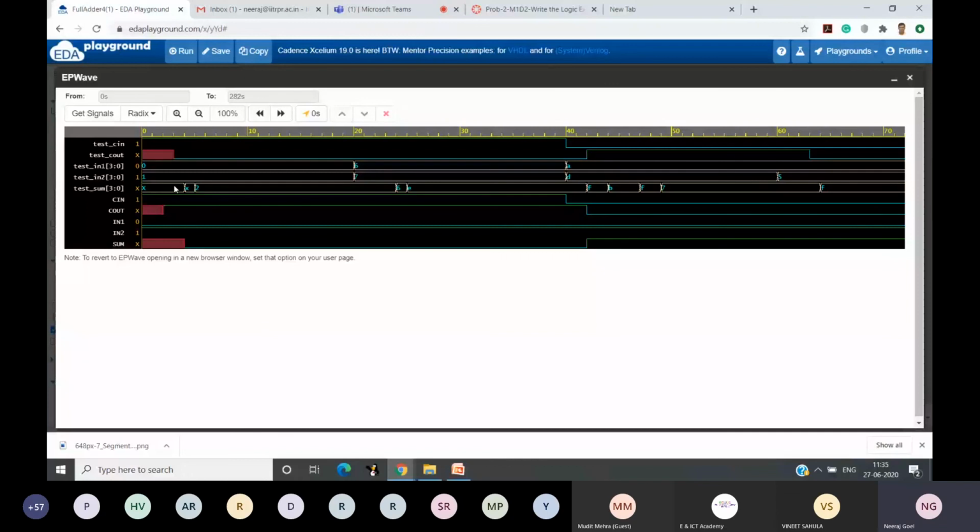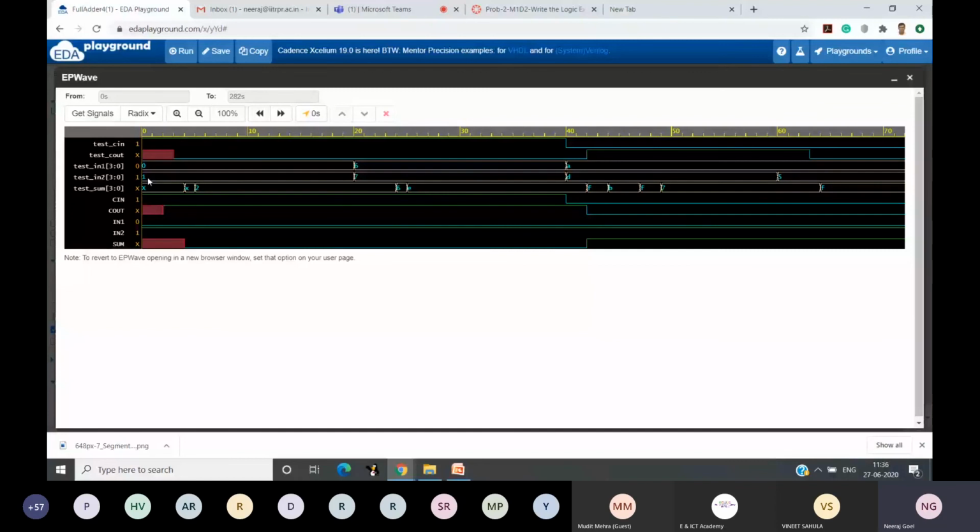We could know my test input 1 was 0, test input 2 was also 0. Then test input 1 was 0 and test input 2 was 1. So even adding 0 to 1, it took some time, and there was a carry also which was 1.